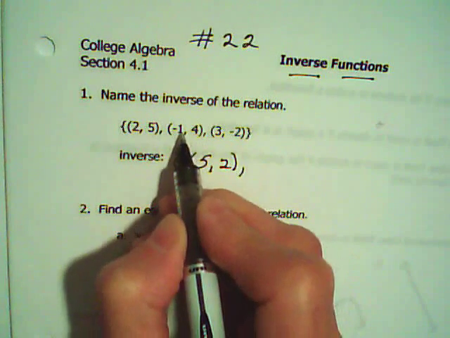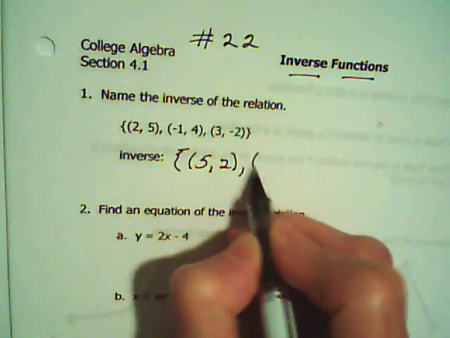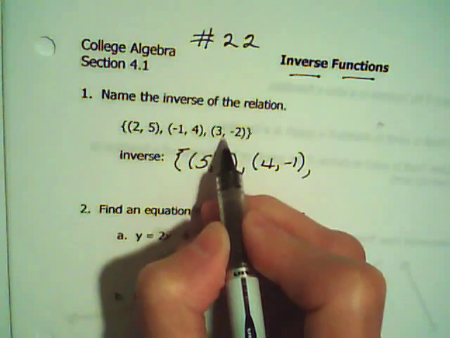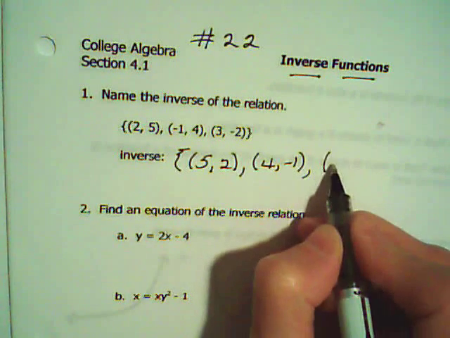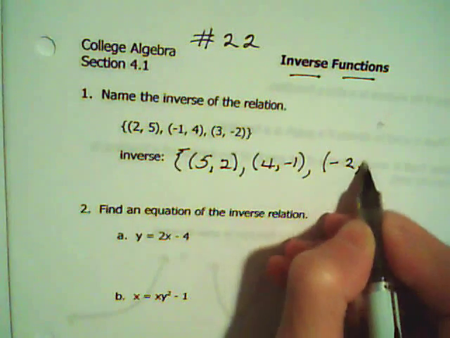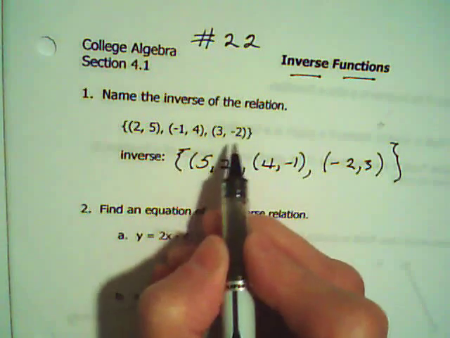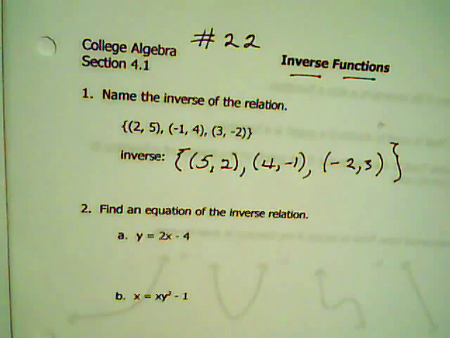In place of (1, 4), I'll have (4, 1). And in place of (3, -2), I'll have (-2, 3). Now remember, if you're given a set of ordered pairs and you're looking for an inverse, you're going to interchange x and y.